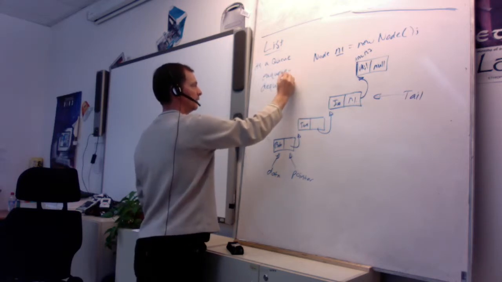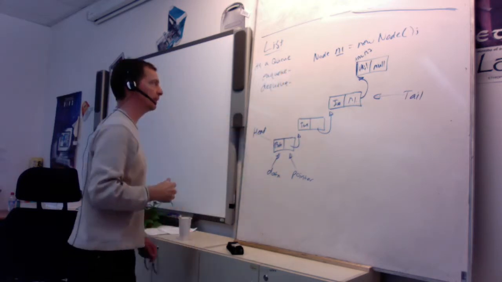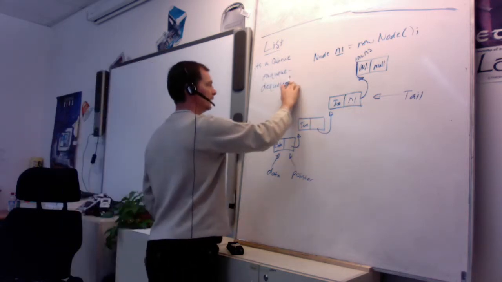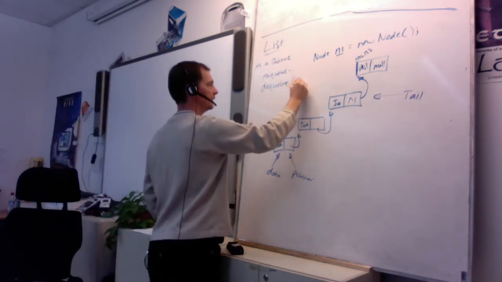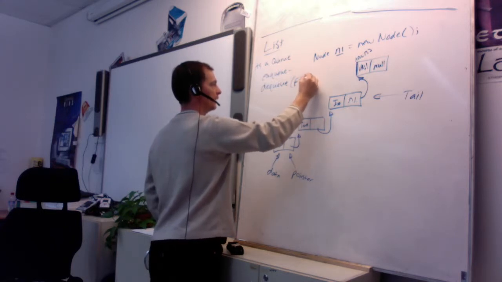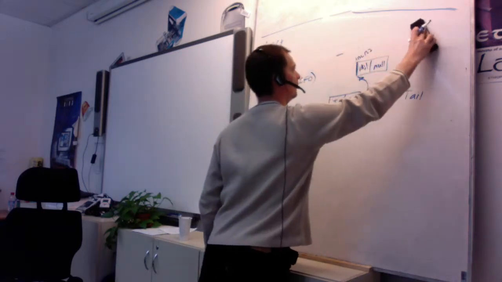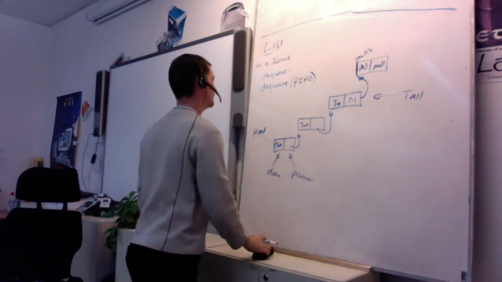That adds, that takes away from the queue. And we take away from the queue in a first in, first out, or FIFO way. So that's what a queue is.